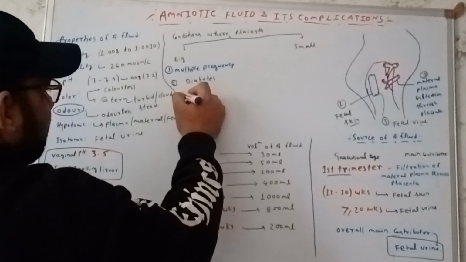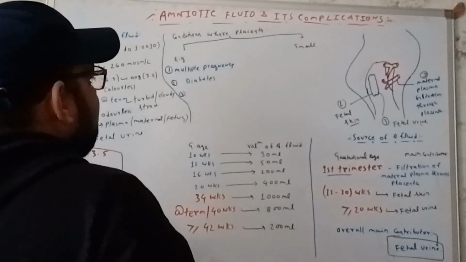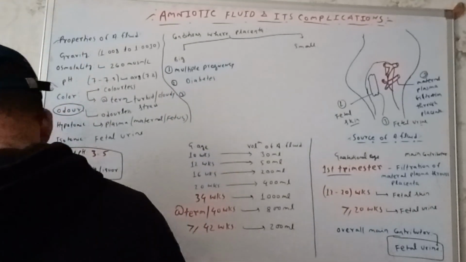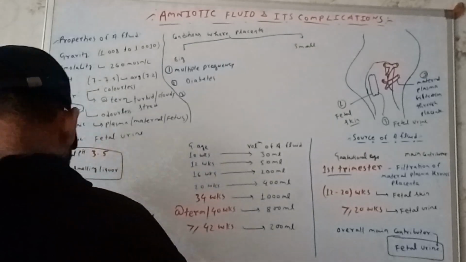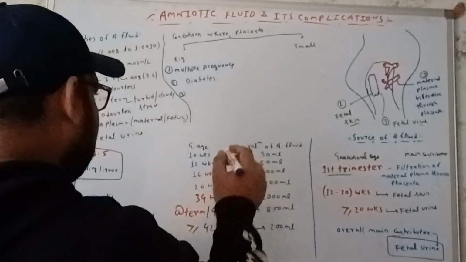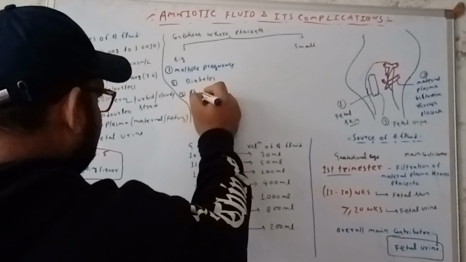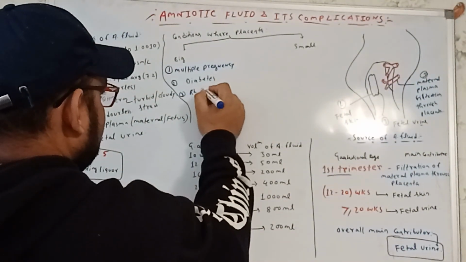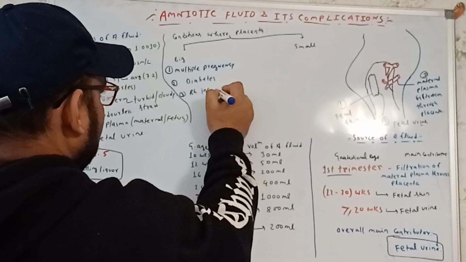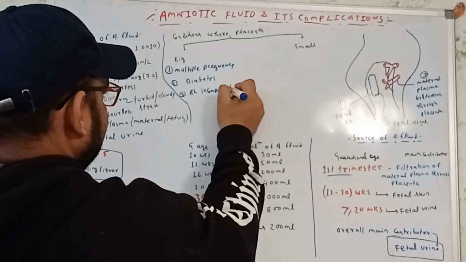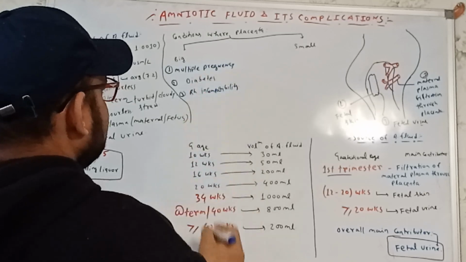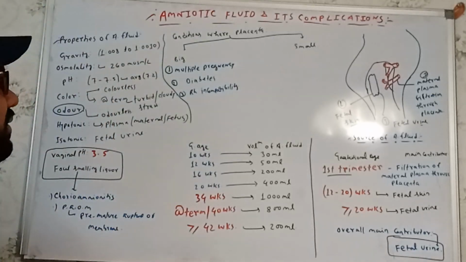And third, we can also see it in RH incompatibility. In these three conditions, basically we get to see the large or big placenta.